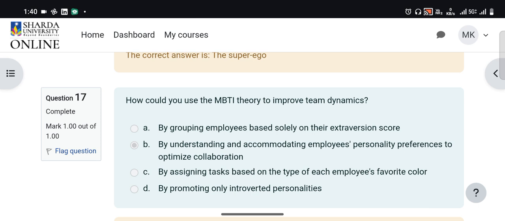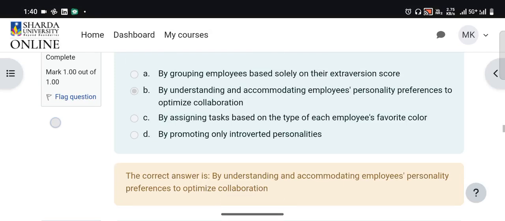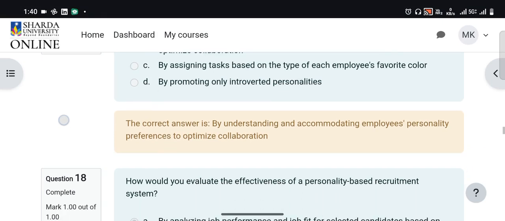Option C, by assigning tasks based on each employee's favorite color. Option D, by promoting only introvert personalities. The correct answer is by understanding and accommodating employees' personality preferences to optimize collaboration.